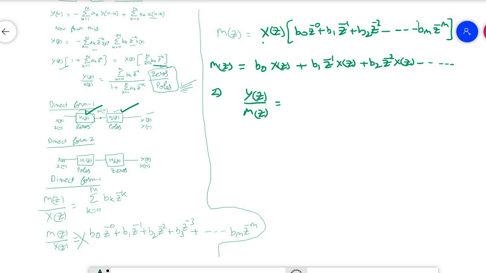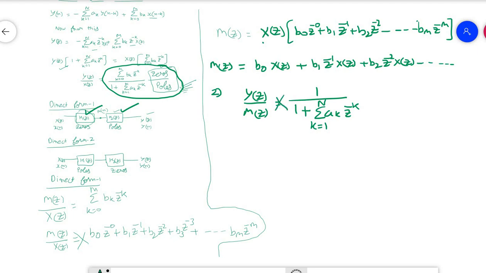Now from this, the poles are 1 plus summation a_k z^-k. Now the value of k is 1 to N, not from 0, because 0 defines this value 1.